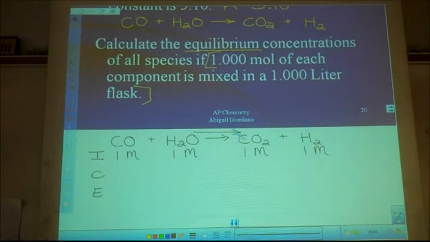So if it's shifting to the right, what should I write underneath carbon monoxide here? Minus what? X. All right, how about right here? Minus X here. Plus X and plus X again. And I'm just going to condense it down.